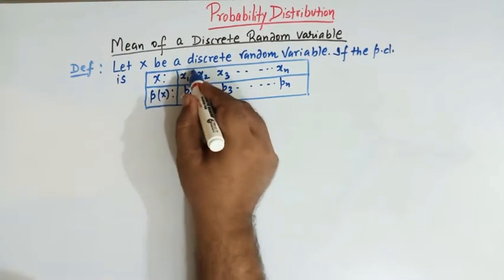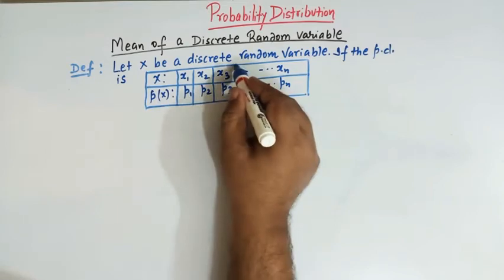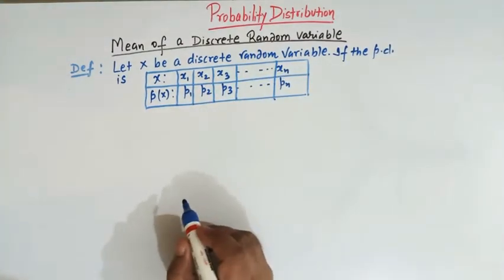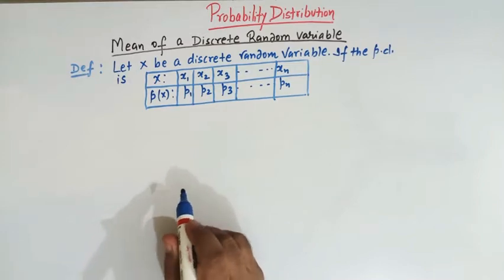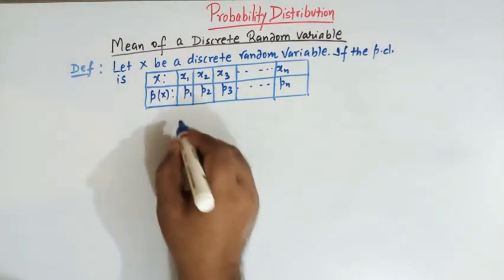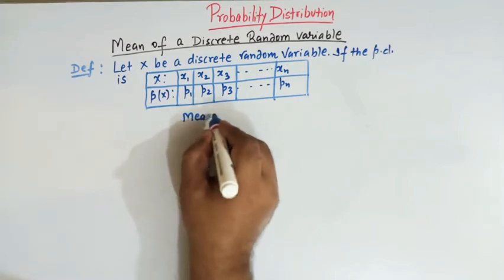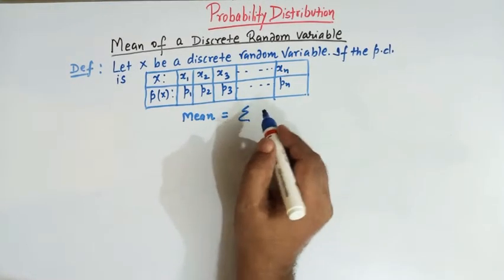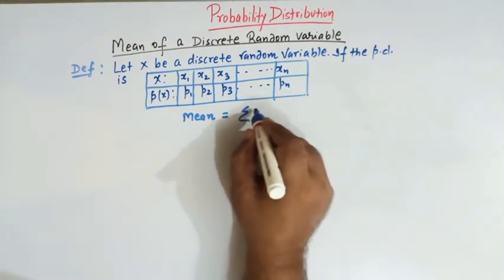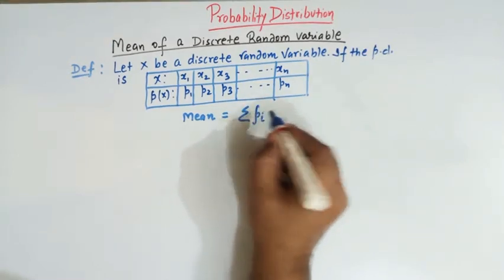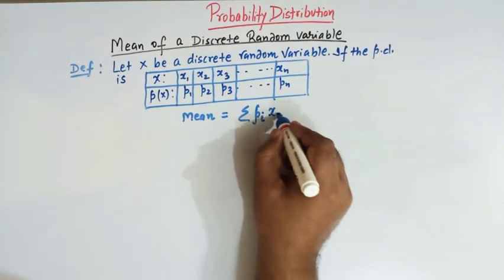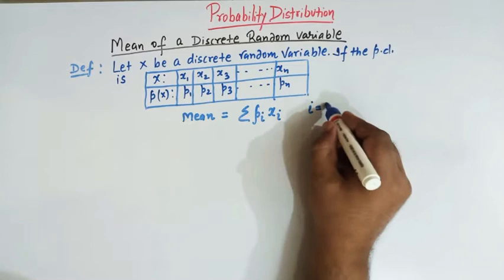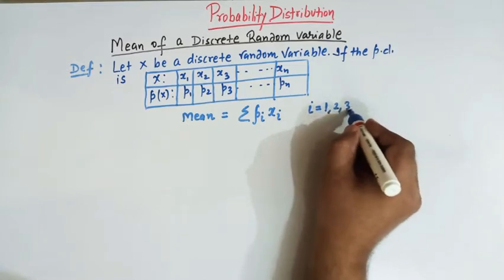Now we'll define the mean of a discrete random variable, and the mean is defined as sigma of pi xi, where i takes the value from 1 to n.